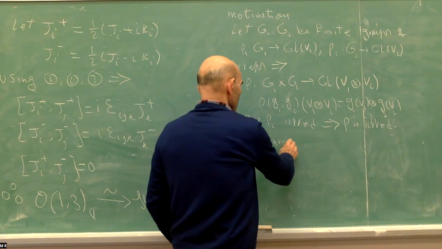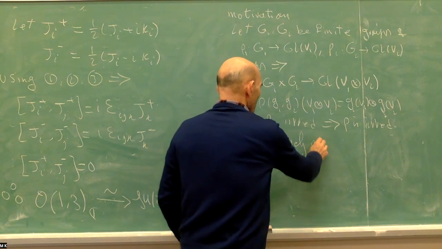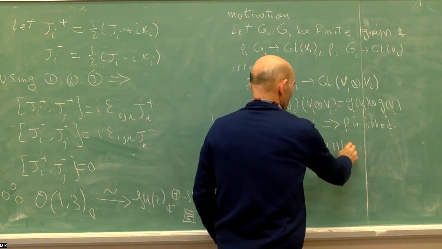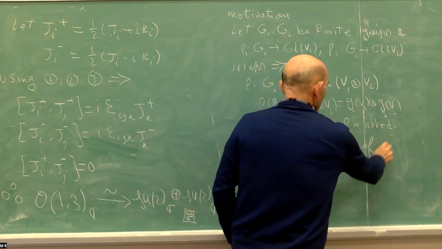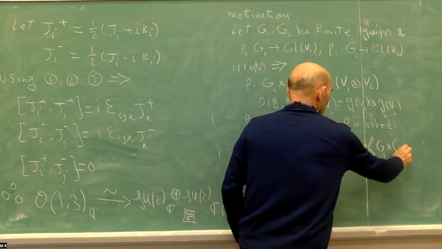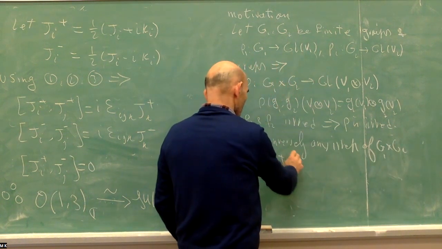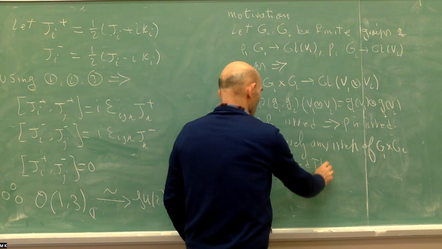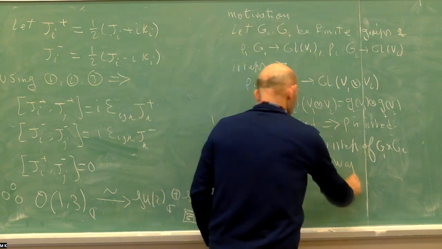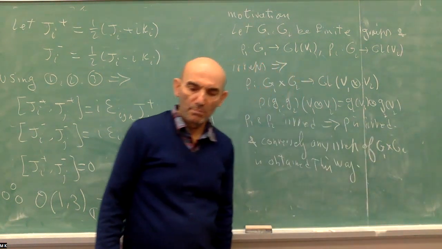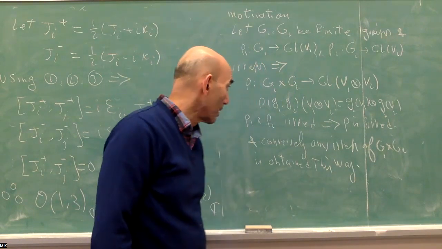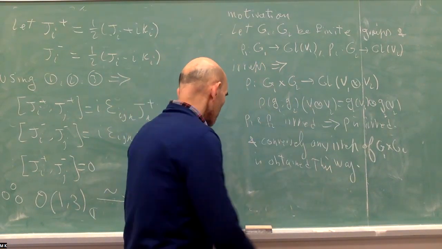Conversely, any irrep of G1 times G2 is obtained this way. Right? That's something good to know as a motivating example.